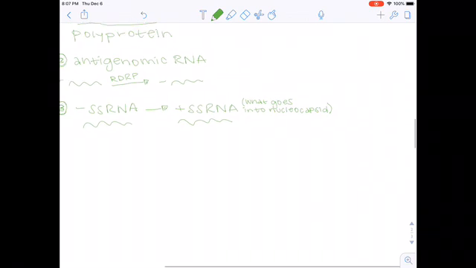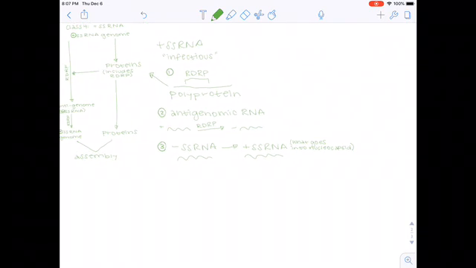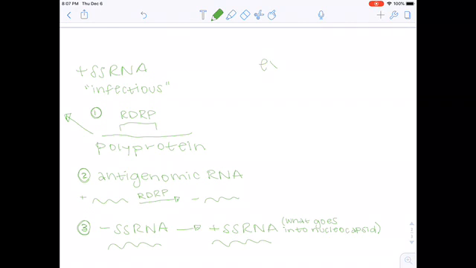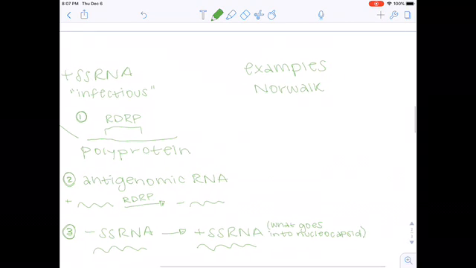All right. So some notable examples of single-stranded RNA viruses, we will stick those up here, are Norwalk virus. You might have heard of this. This is a cruise ship virus. Let's see.